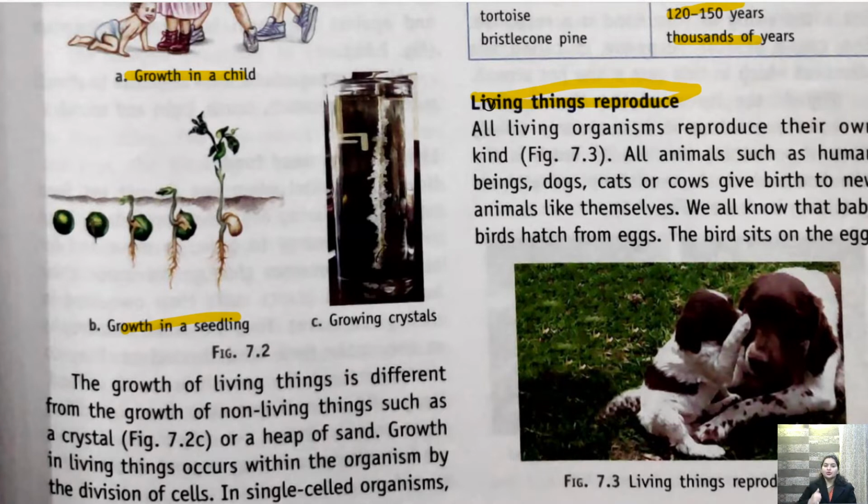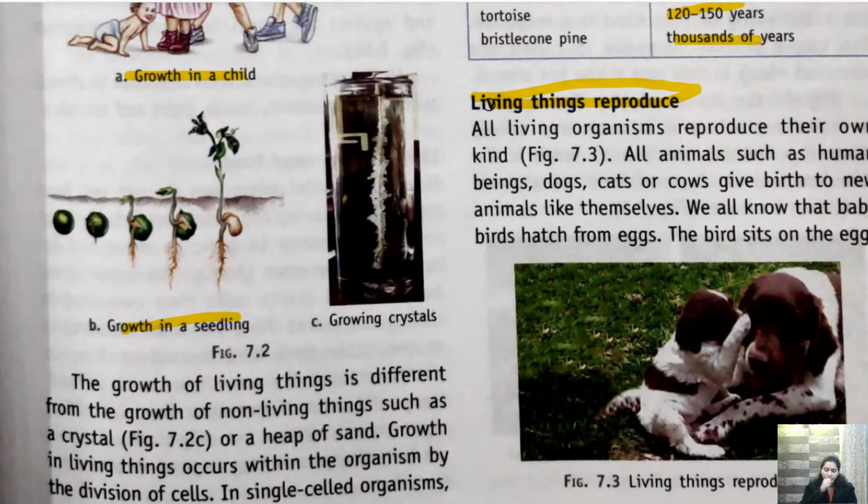Like humans can produce babies. Human baby. Okay. Dog produces dog. Cat produces cat. Okay. Or birds, they lay eggs. Getting it? So all the living things can reproduce. Even these amoeba and paramecium, they can also reproduce.